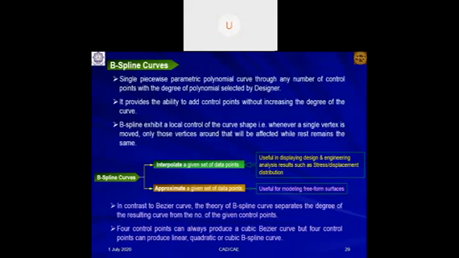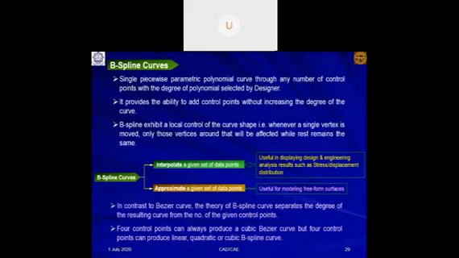In contrast to the Bezier curve, the theory of the B-spline curve separates the degree of the resulting curve from the number of given control points. Four control points, if you use them to design a cubic Bezier curve, will always give degree 3, a cubic Bezier curve.